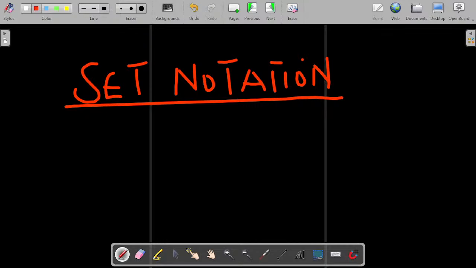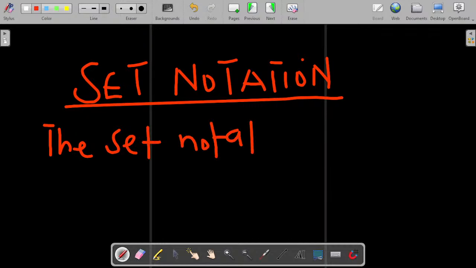Okay, so thank you. So we are going to set notation. How do we show that it's a set? Sets are usually denoted using a particular symbol. So the set notation is given as this.